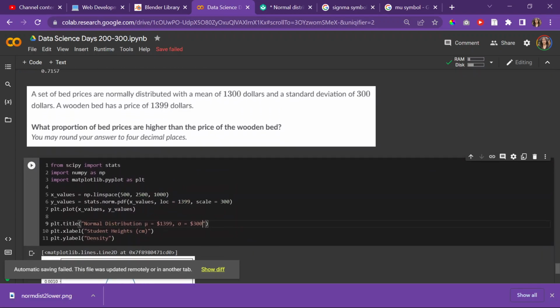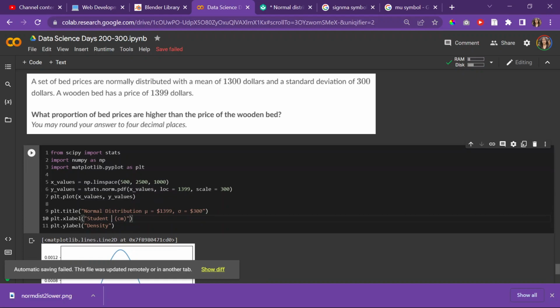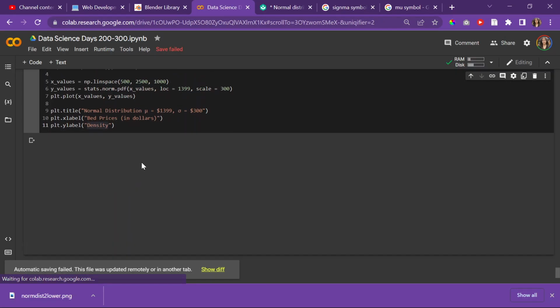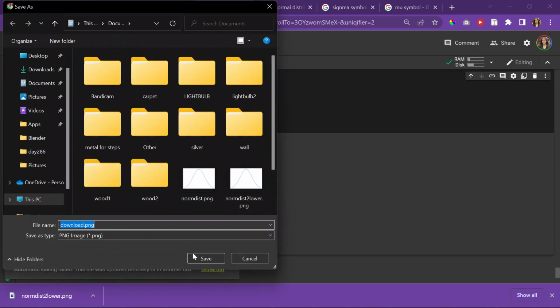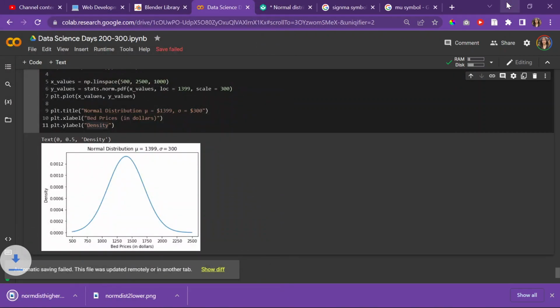A set of bed prices are normally distributed, so these are bed prices in dollars, and density. And that is our image. So let me save that and then talk to you about what this means.